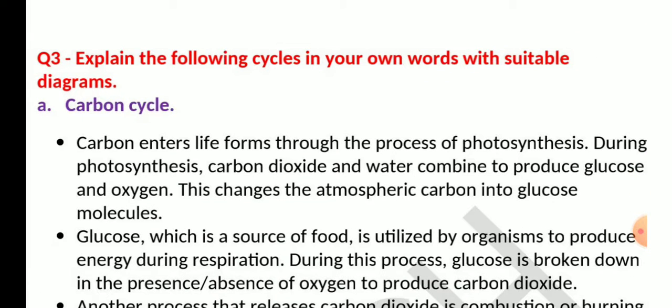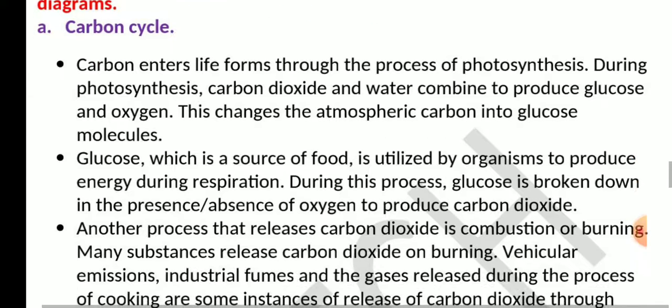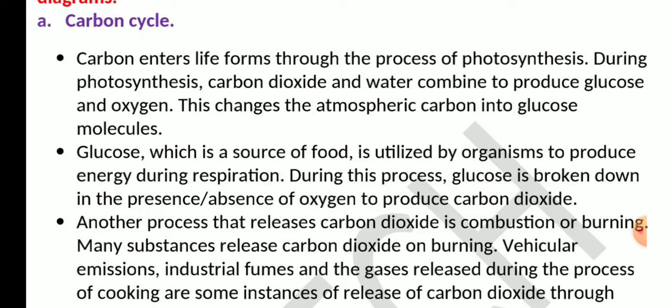Children, question number 3. Explain the following cycles in your own words with suitable diagram. First is the carbon cycle. Now let's study the carbon cycle. Children, carbon enters life forms through the process of photosynthesis, right? During photosynthesis, carbon dioxide and water combine to produce glucose and oxygen.